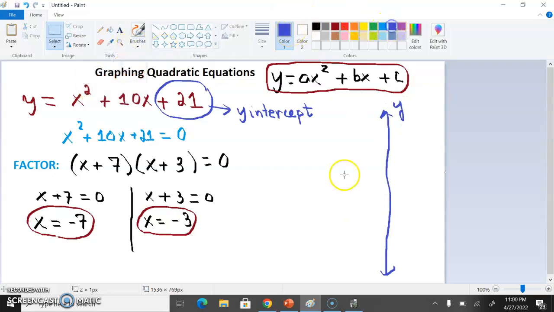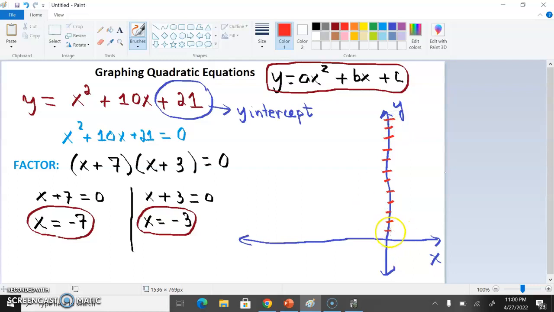All right. Now I'm going to go ahead and draw my x-axis. Here it is. All right, my y-intercept is 21. So I'm going to plot the y-intercept. 1, 2, 3, 4, 5, 6, 7, 8, 9, 10, 11, 12.